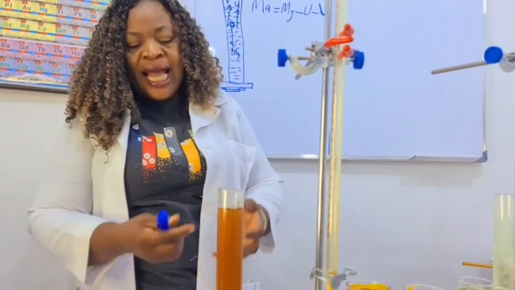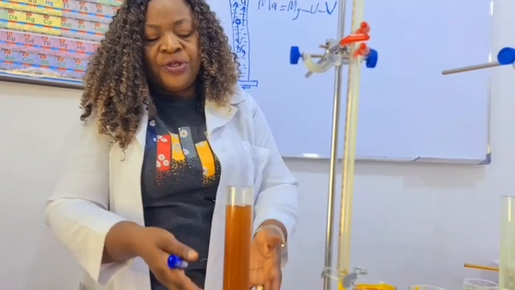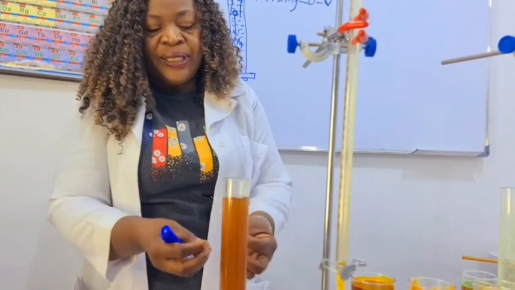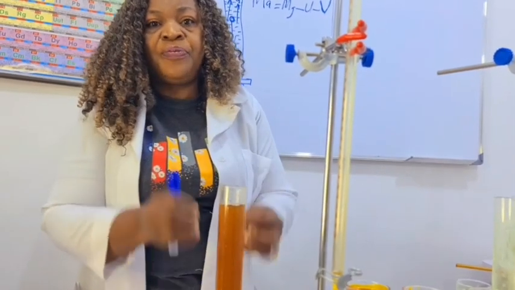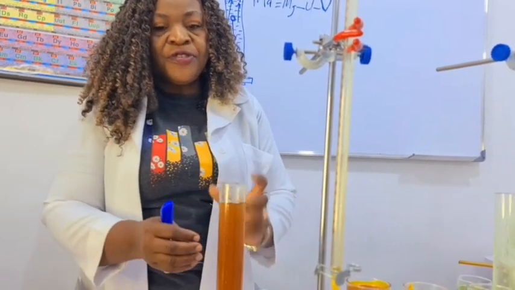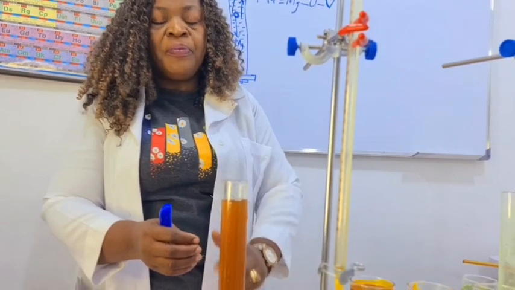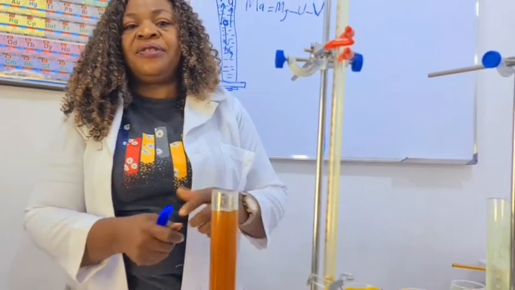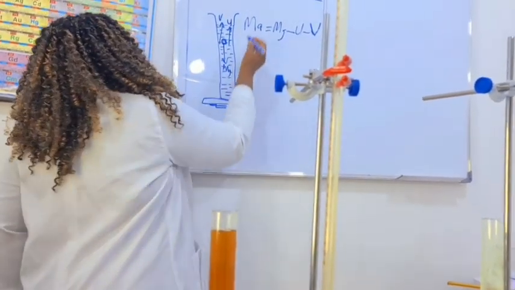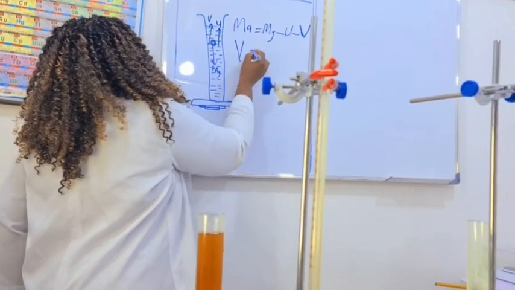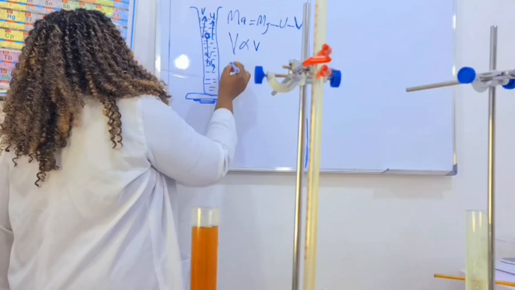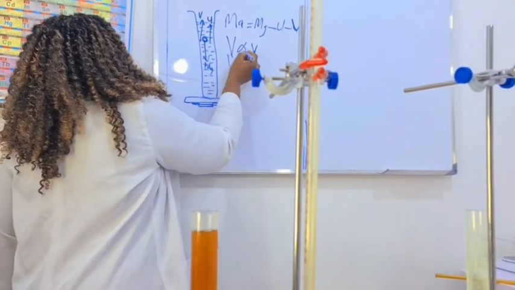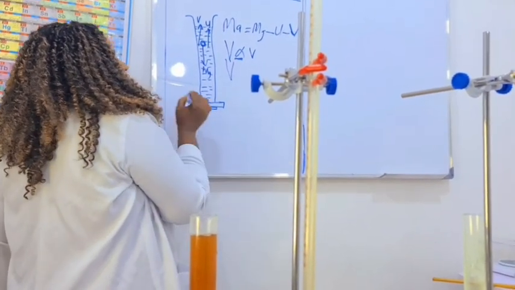Terminal velocity. And as it continues to move with uniform speed, the viscous force will now become proportional to the terminal speed. And then we have V. We don't work with the proportionality sign.